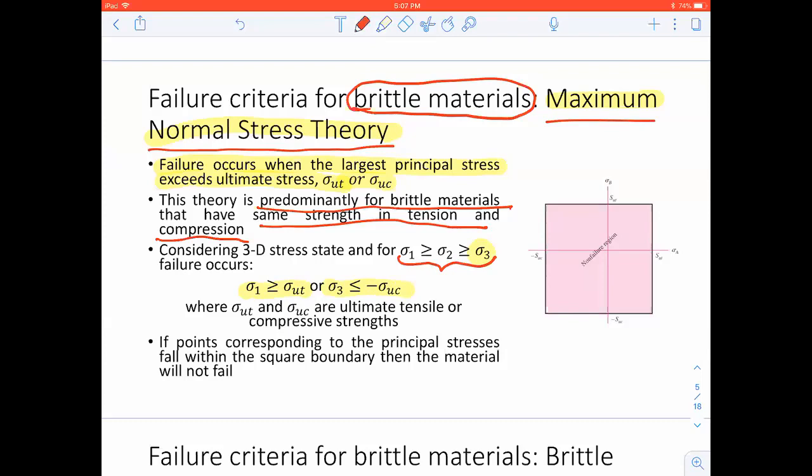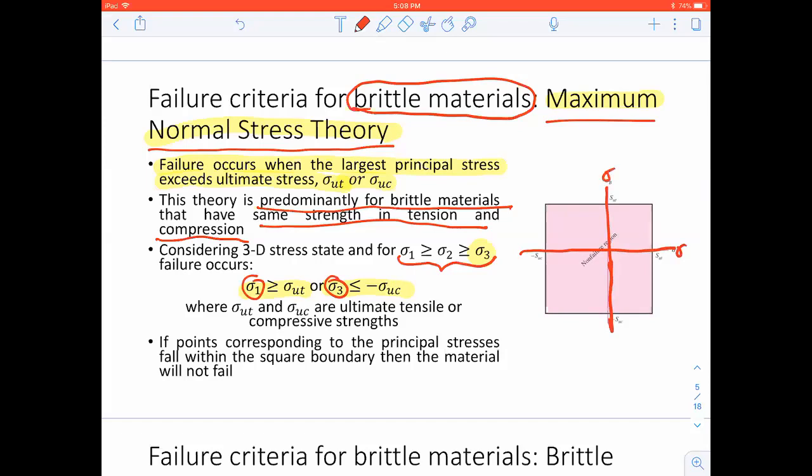So if I draw a graph of stresses, not stress versus strain, this is sigma, and you are considering two principal stresses. These are the stresses on the body.